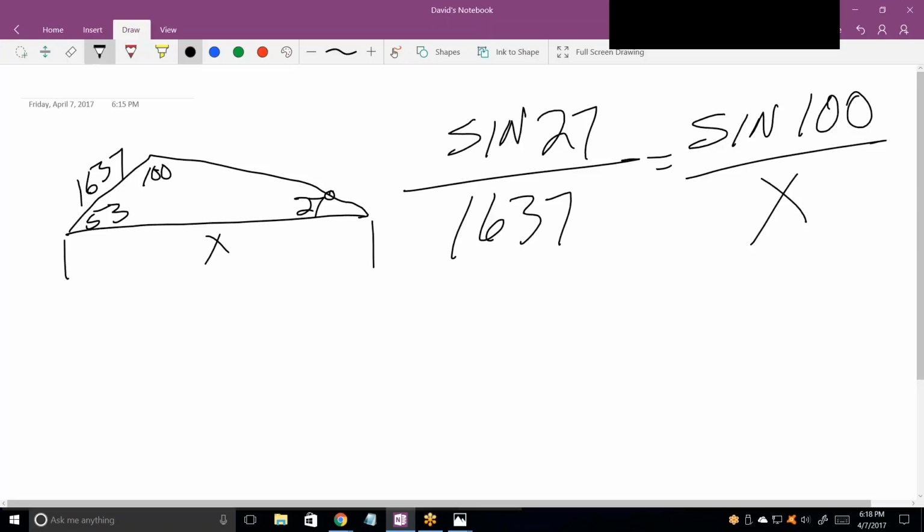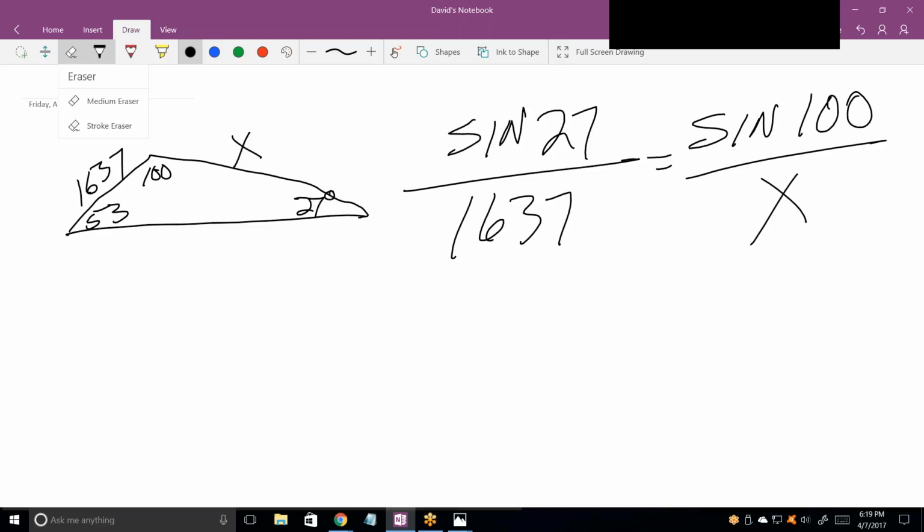Well, let's make x this. Now give me an equation. Sine of 27 degrees over 1637 equals sine of 53 degrees over x.